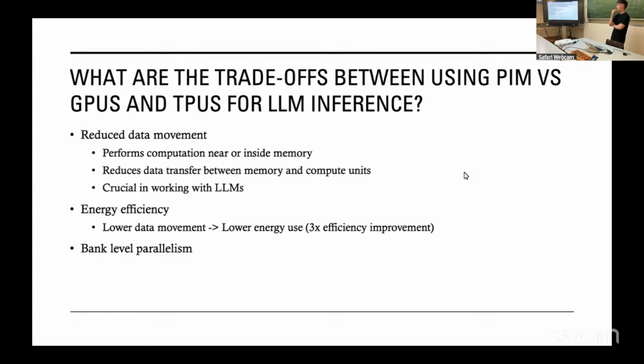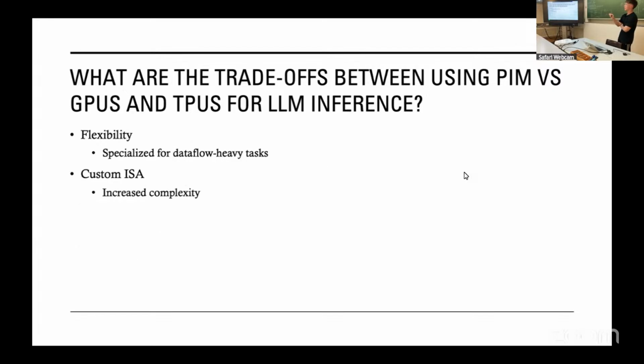So I guess the GPUs and TPUs are more versatile and are well suited to do other computations, whereas this is really mainly suited towards LLM inference. Yeah, that's right. I was looking for data flow heavy. But yes, it only benefits data flow heavy tasks. And as you said, the ISA increased the complexity, so we have to adjust it in all compilers and everywhere.